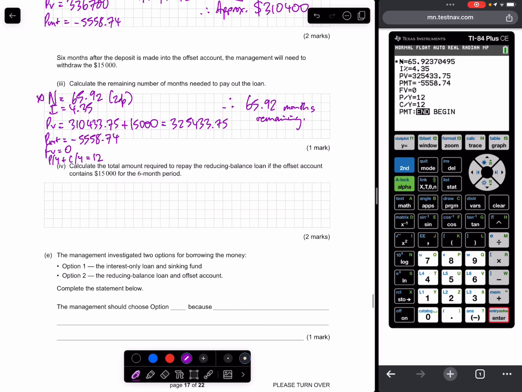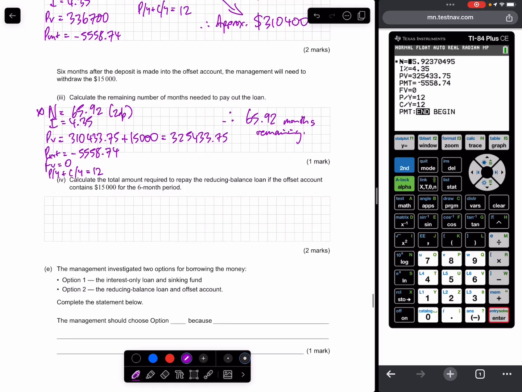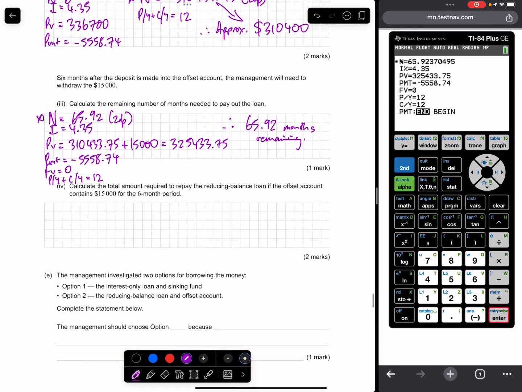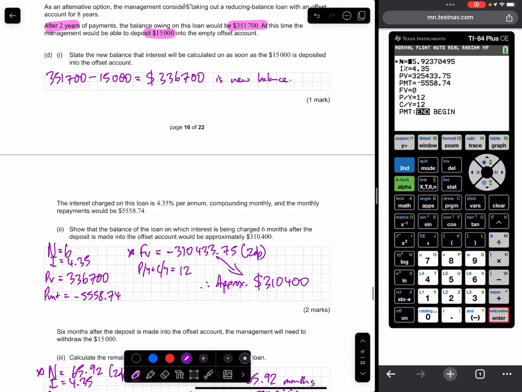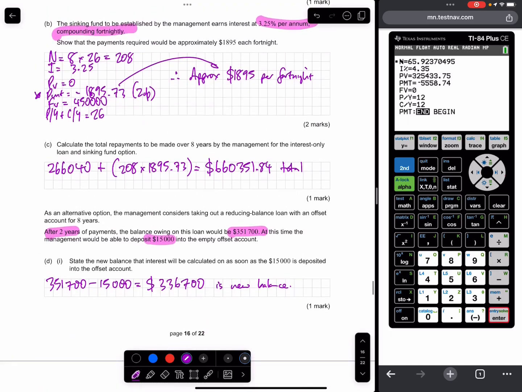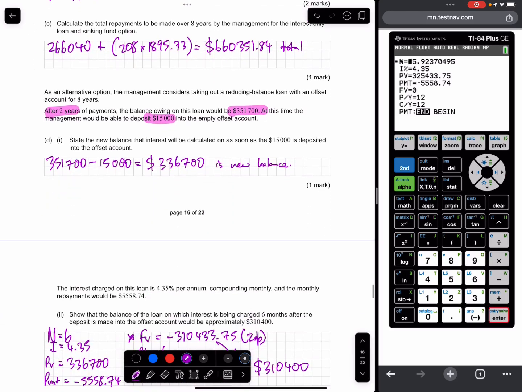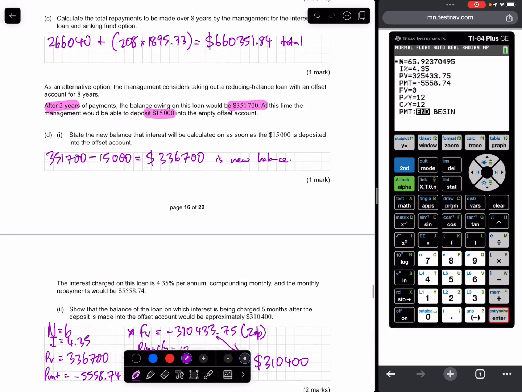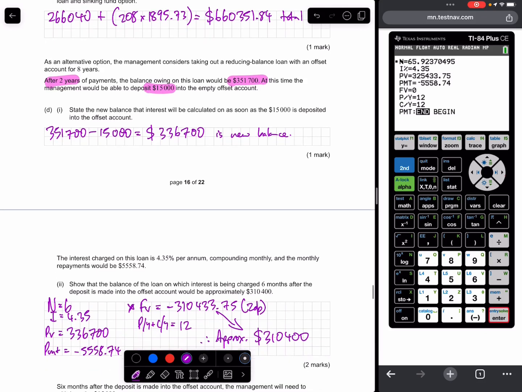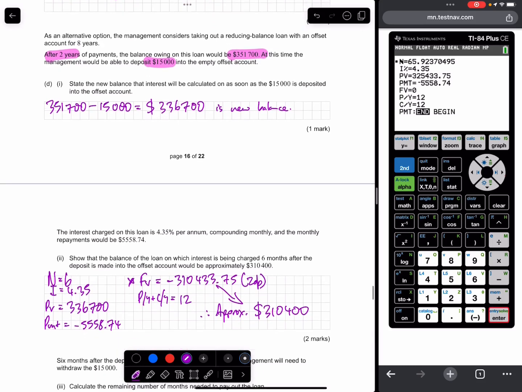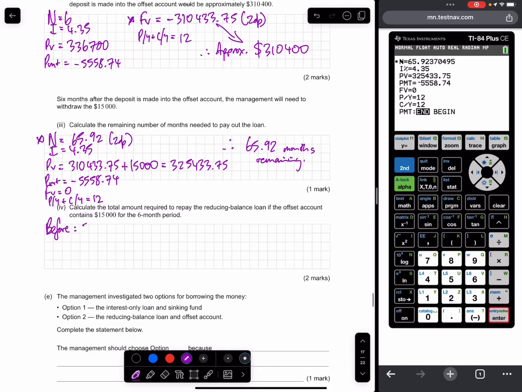Calculate the total amount required to repay the reducing balance loan, and the offset contains 15,000 for the 6-month period. So we had before the offset, two years of payments. 2 years of payments is 24 payments, and the payments were $5558.74.